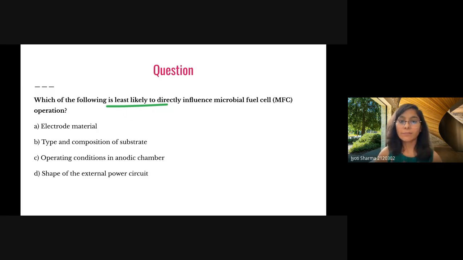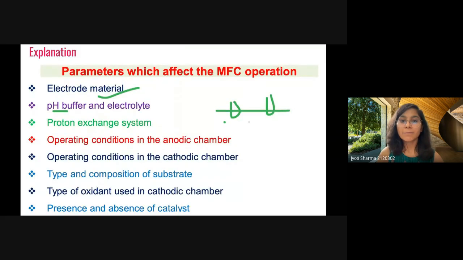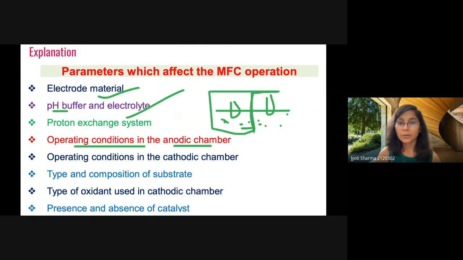So you have anode, you have cathode, and these are dipped in some buffer, right? So what is the pH of that buffer, and even the electrolyte, then proton exchange system, then operating condition in the anodic chamber. So this is the anodic chamber and this is your cathodic chamber. What operating conditions do we have in the anodic chamber and what operating conditions do we have in the cathodic chamber?